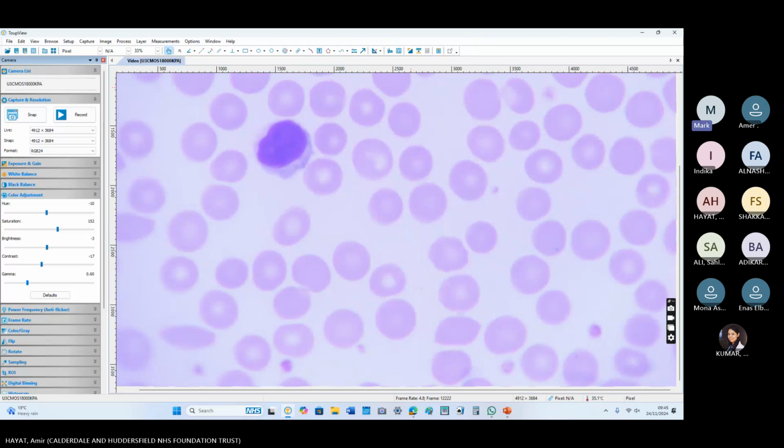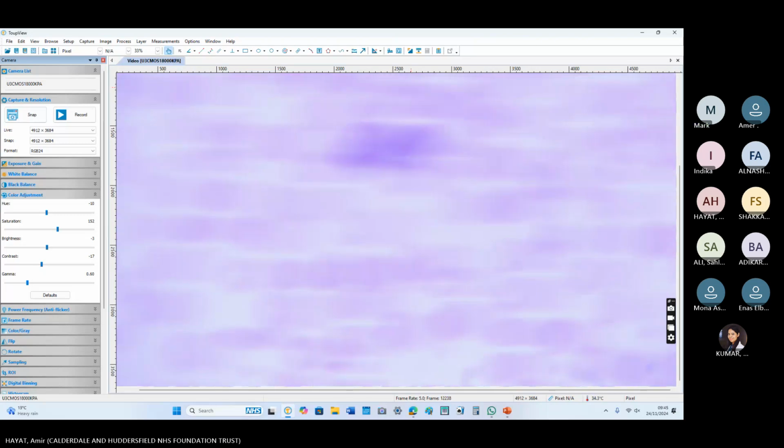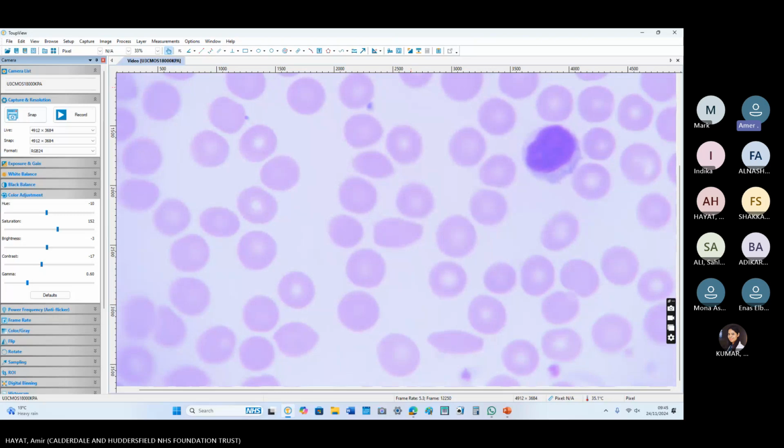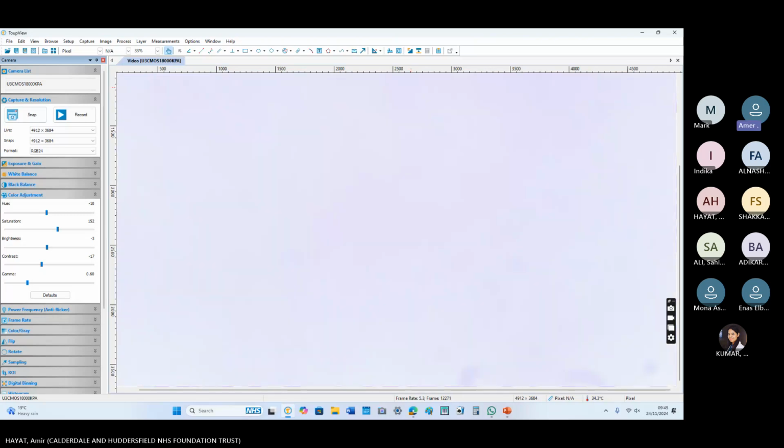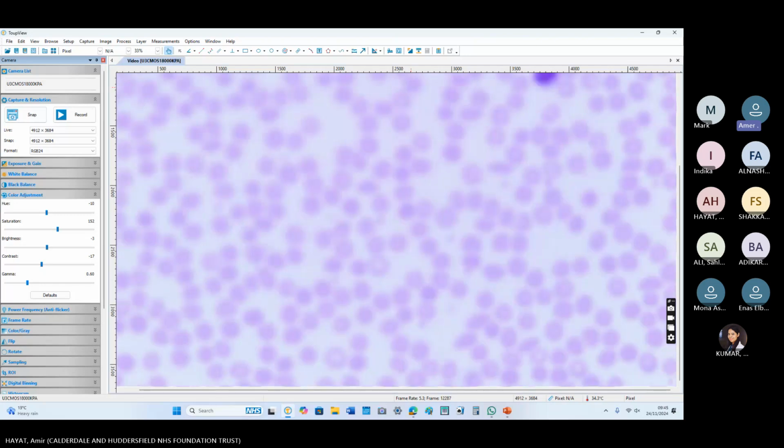What's the CRP like? The CRP was just 25, I think, in this patient, as far as I remember. Because it is a virus, the CRP usually does not go high.